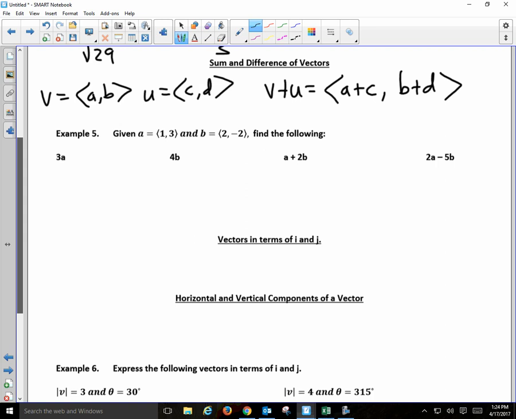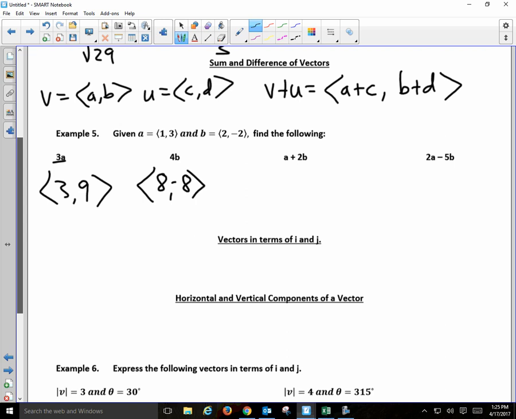Okay, so given A is this component vector and B is this component vector, we want to find the following using that property. We want to find 3A. You say, well, we haven't done multiplication yet. Well, this is just A plus A plus A, which would give you (3, 9). So you can see you can simply multiply the 3 through and you're good. 4B would be (8, negative 8).